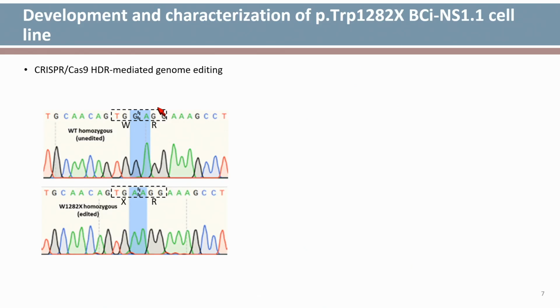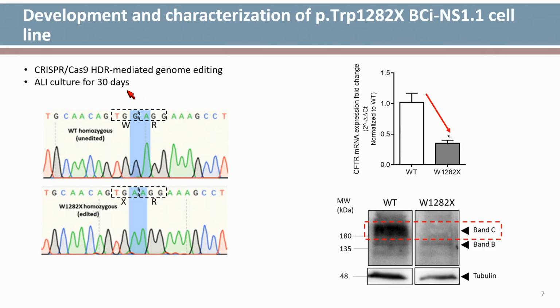We were able to introduce the variant, as you can see here, confirmed by Sanger sequencing. Then in this new model, we cultured the cells in air-liquid interface for 30 days, and we assessed CFTR expression at both RNA and protein levels. We can see, as expected, a reduction in the levels of CFTR RNA, most likely due to nonsense-mediated decay, and almost no detection of CFTR protein.